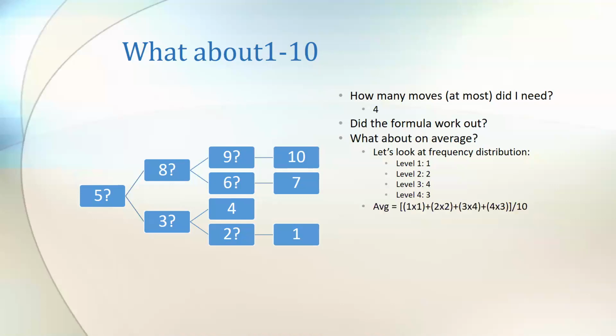So on average I would work that out to be somewhere around 2.7. So between your 2 and your 3, because level 3 is the most full anyways. So again, we're veering towards the bottom. Not all the way to the bottom, because the bottom is not fully full, but the next best bottom.